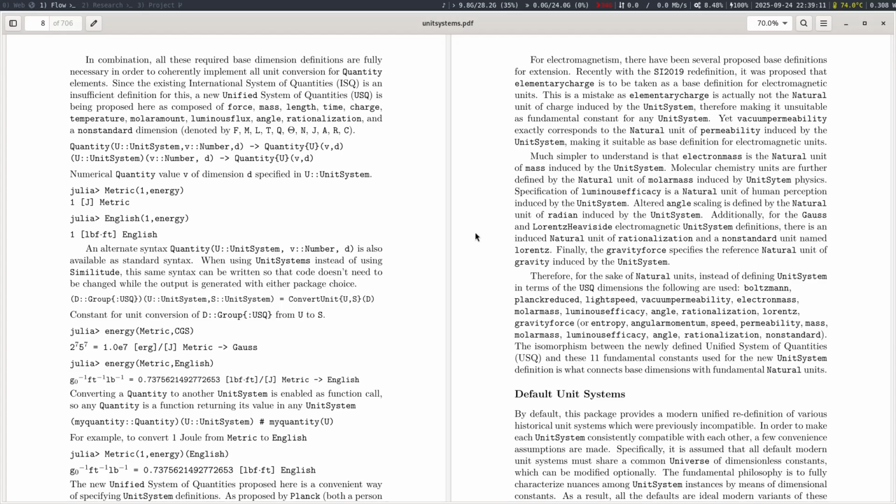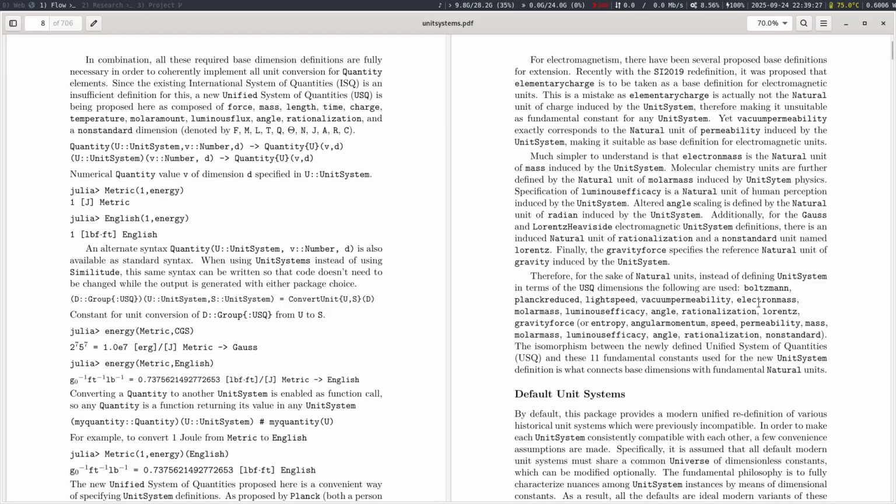Therefore, for the sake of natural units, instead of defining a unit system in terms of the USQ dimensions, the following are used. So we don't use force, mass, length, and time and things like that.